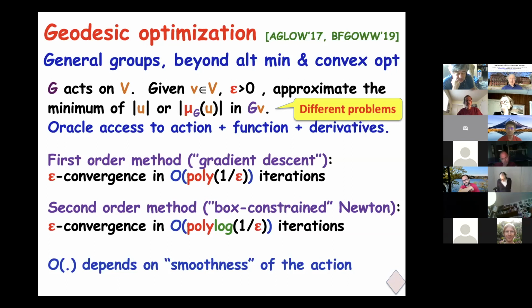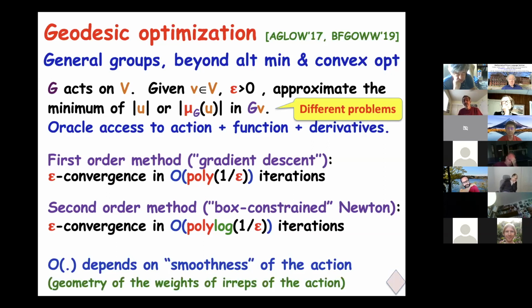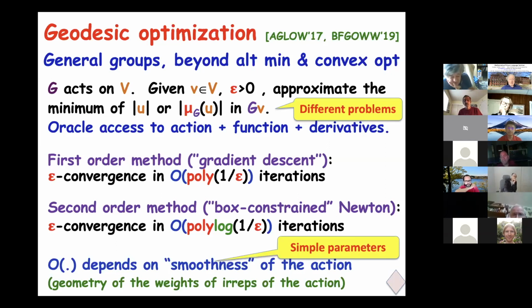And it always, in both cases, depends on the smoothness of the action. What happens in the geodesic setting is that understanding it depends on invariant and representation theory, and I'm not going to get into this. But these are very natural parameters and easily explained. Okay, good. So this is a summary. That's what our understanding is today.